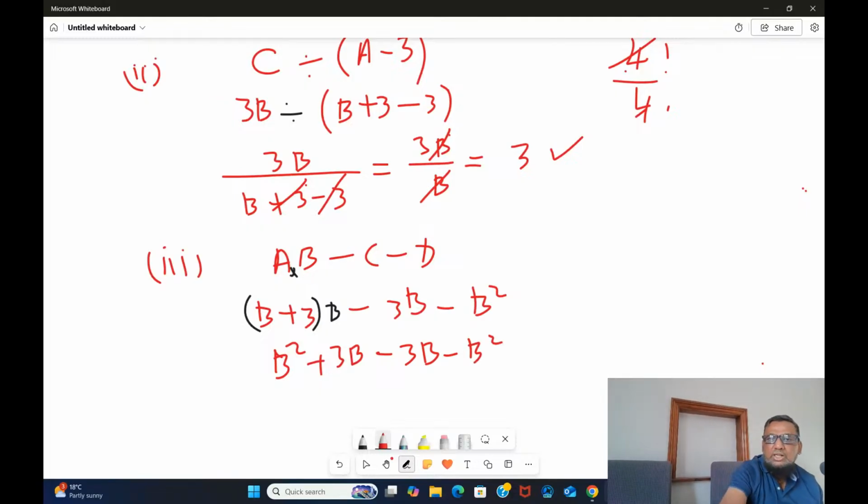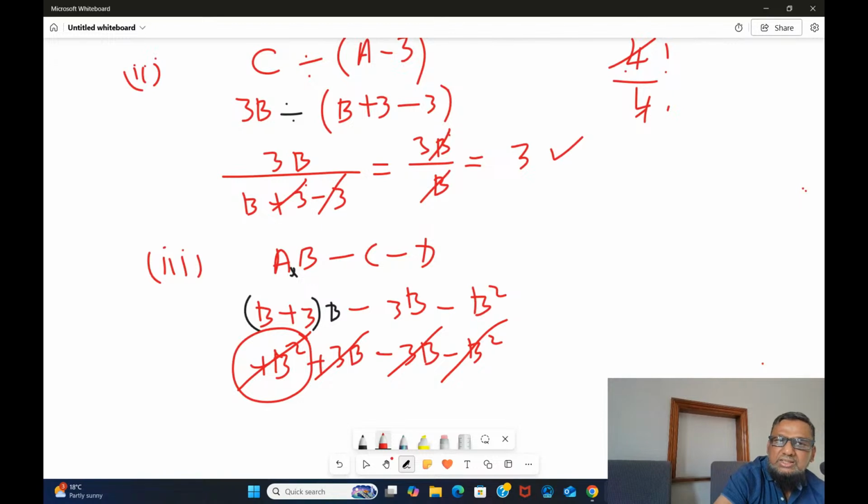Look carefully: here b squared has no sign, and no sign means it should be positive. So b squared positive cancels with b squared negative, and plus 3b cancels with negative 3b. So your answer is 0. These are simple questions, you can easily make 3 marks.